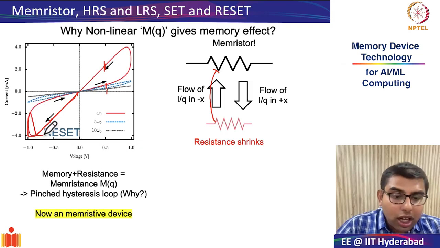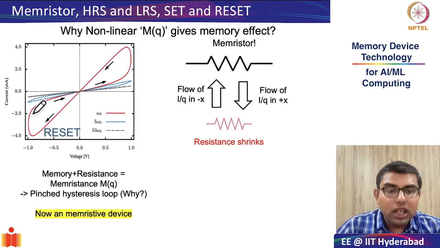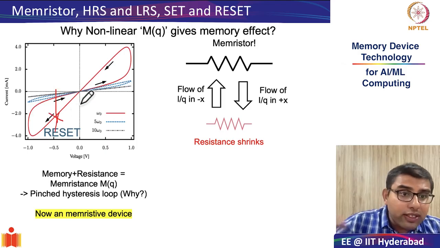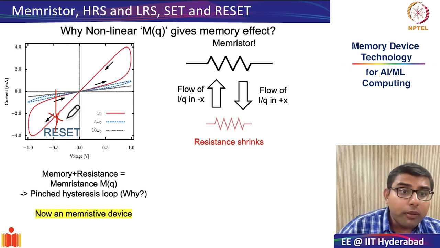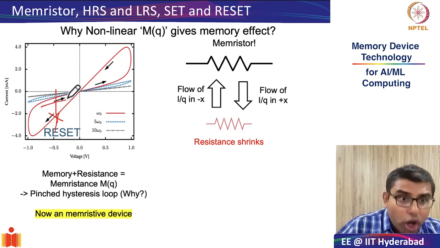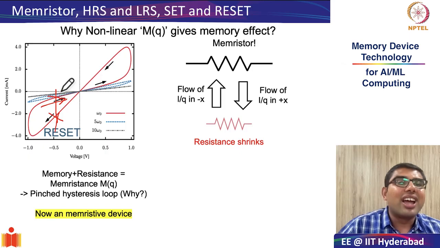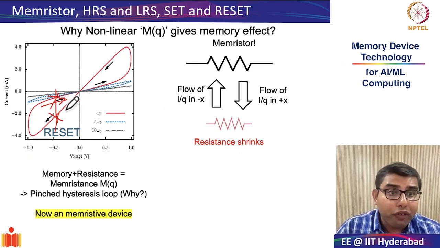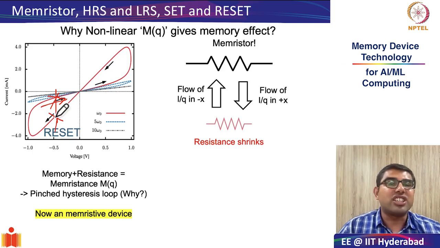Because the current is dropping. And therefore, for the same voltage, in the reverse sweep you had larger current, now in this forward sweep you are having lower current. So the resistance has gone from a low resistance state to a high resistance state.